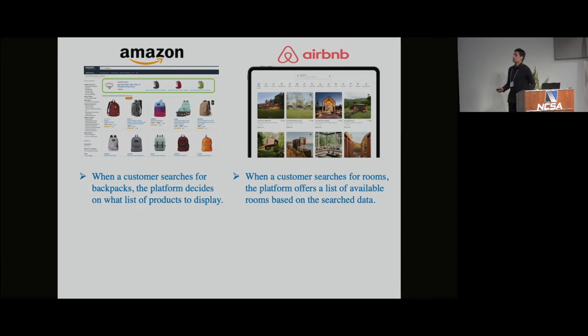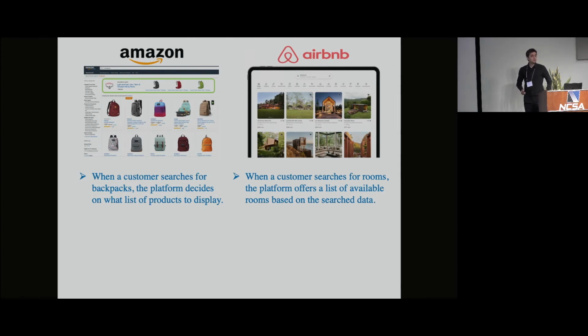If you go to an online platform such as Amazon or Airbnb and you search for some word like backpack, the platform is going to display a list of items where the buyer is going to choose one of them with some probability or decides to leave the market. And similarly, in Airbnb, when a customer searches for a room, based on the search data, the platform is going to display a list of available rooms, and you can either book one or decide not to book anything.